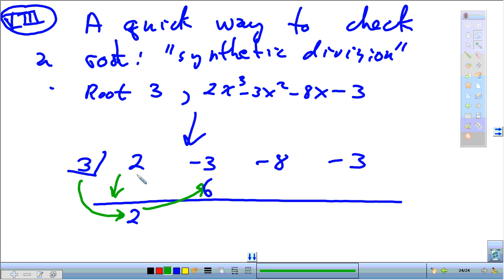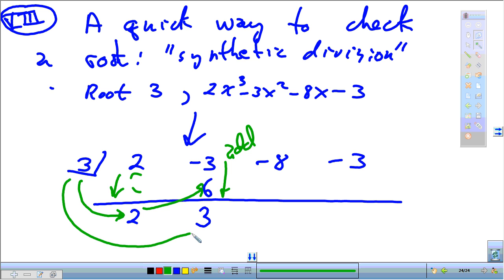Now, actually what I did in this first column was add 2 to nothing and got a 2. But now I get minus 3 added to 6, which is a 3. And then I take 3, multiply again, and that becomes the number in the next column. So 3 times 3 is 9.